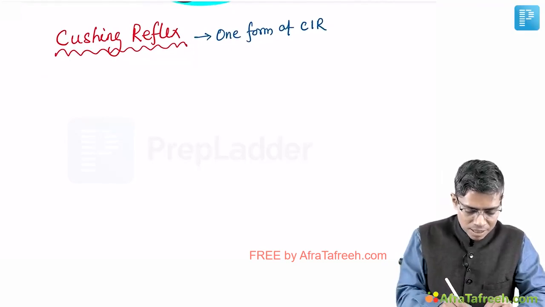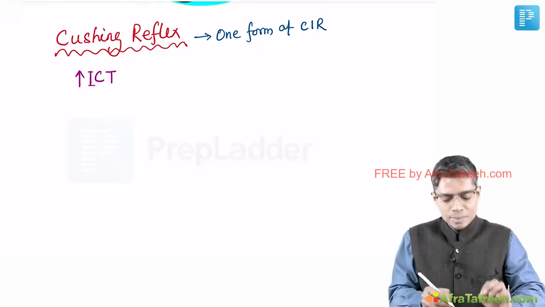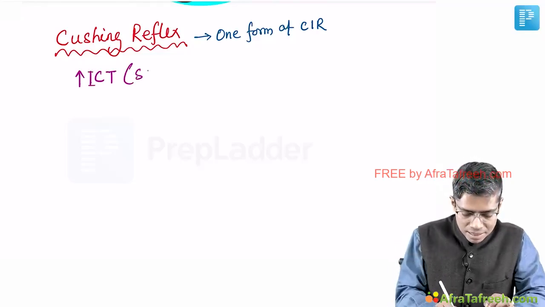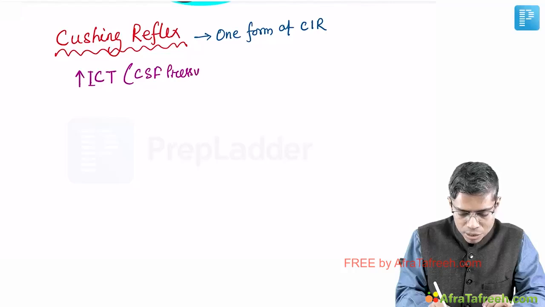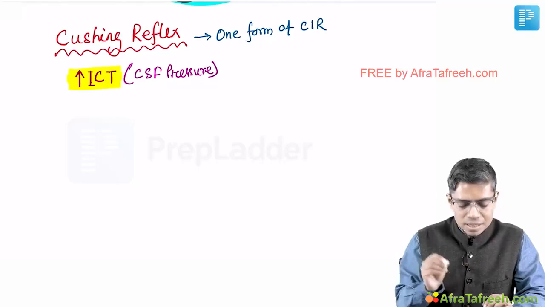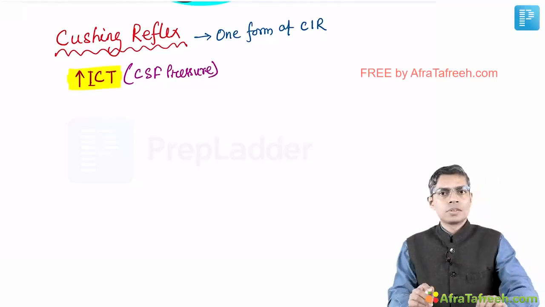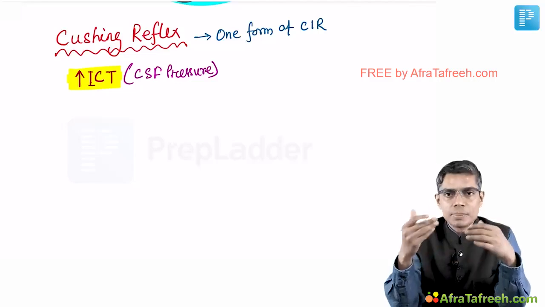And what is that indirect mechanism? There is an increase in ICT. Due to any cause, if the CSF pressure is very high, that is, increased intracranial tension. You know that in regional circulation we'll be discussing the Monro-Kelly principle.